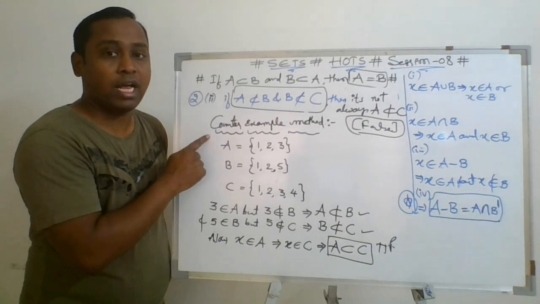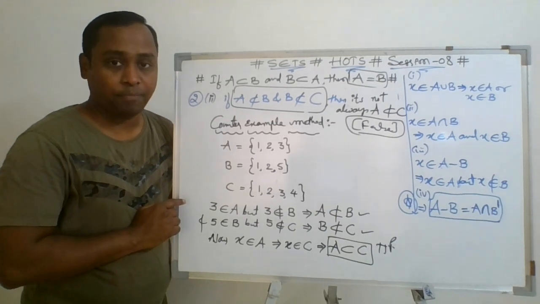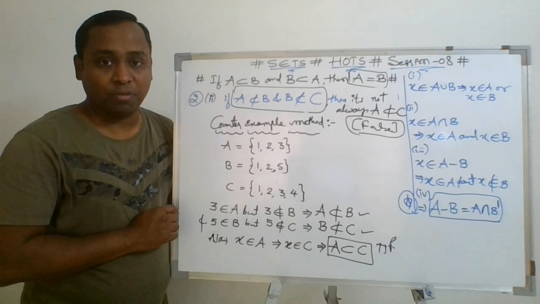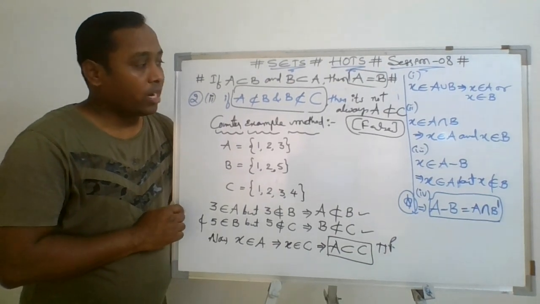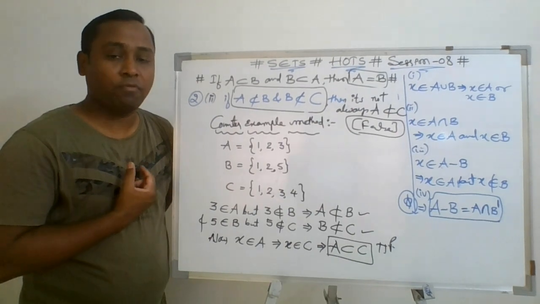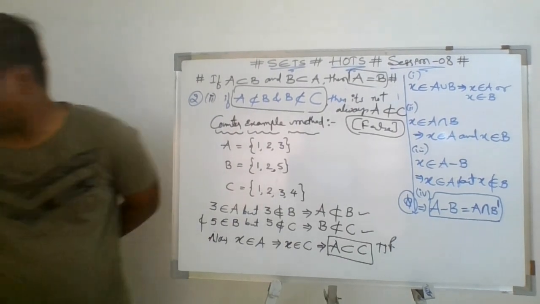That technique is known as the counter example technique, just like you have studied the contradiction method in 10th standard. That is a different technique. Wherever we want to prove false, we use this technique. Remember. Now coming to the next question.